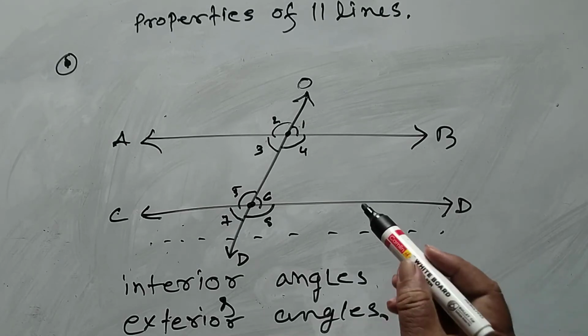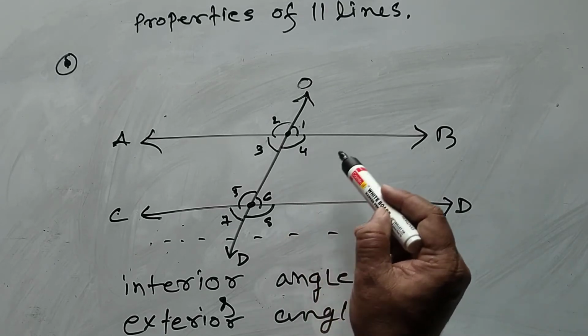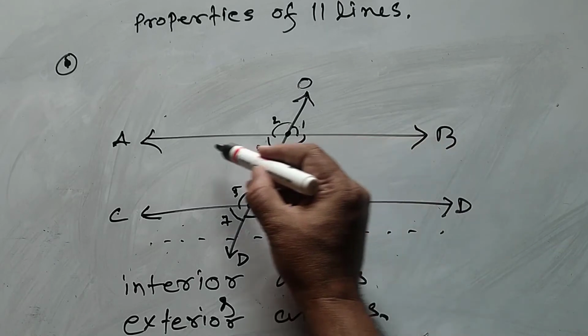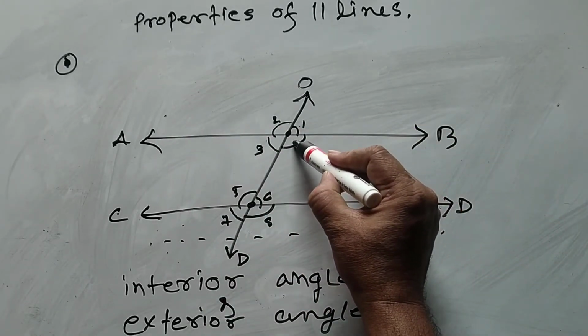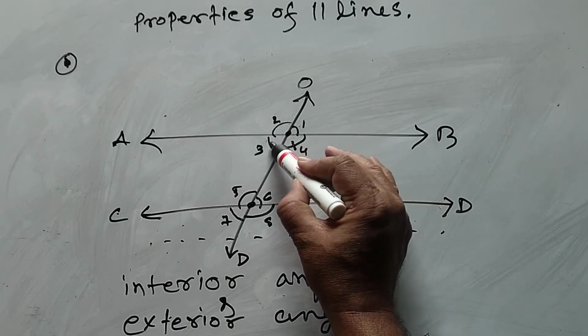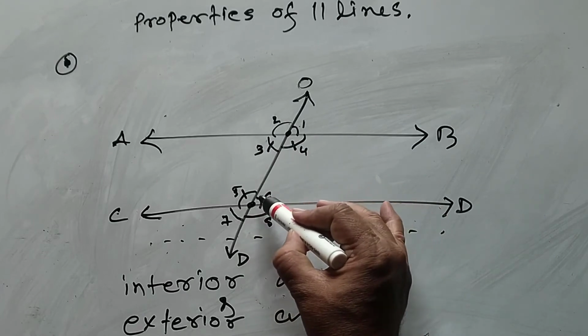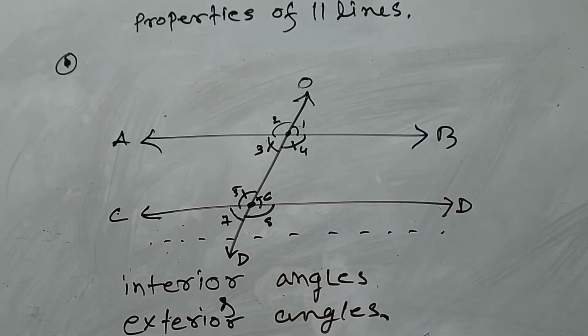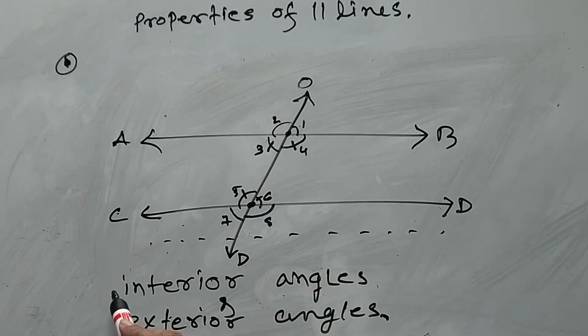Okay, interior angles means the angles formed between the two parallel lines. Here angle 4, angle 3, angle 5 and angle 6 are interior angles.